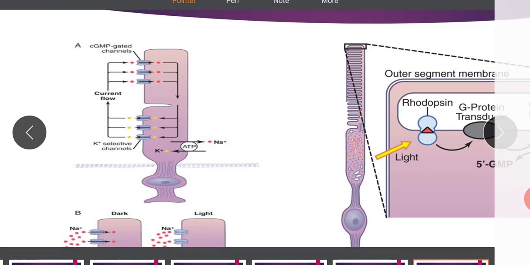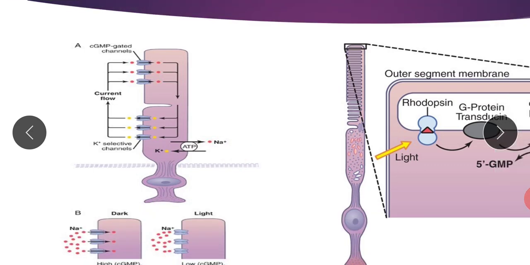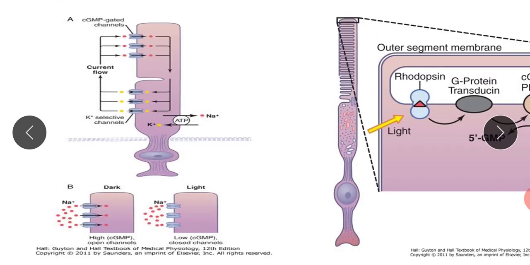Ultimately it faces the loss of positive ions and an increase in negativity inside the rods and cones, inside the photoreceptor, and when negativity increases inside any excitable cell, that process is known as hyperpolarization.